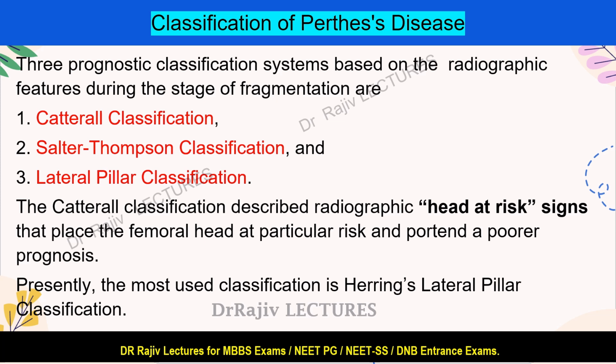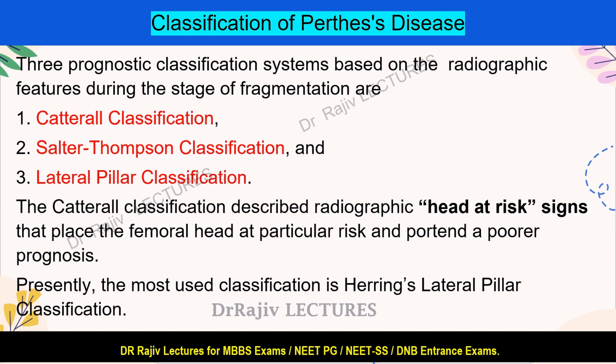The Catterall classification described radiographic head-at-risk signs that place the femoral head at particular risk and portend a poorer prognosis. Presently, the most used classification is Herring's lateral pillar classification.